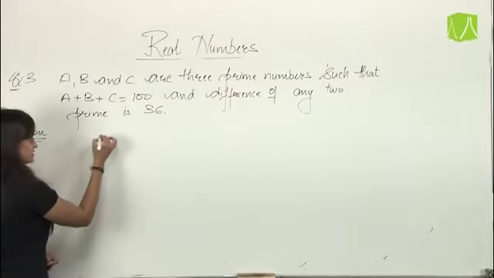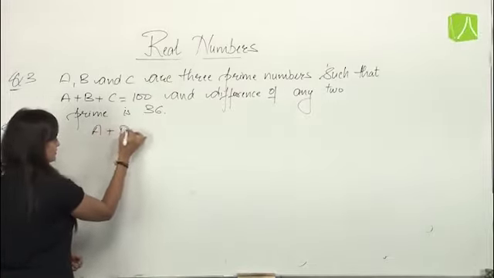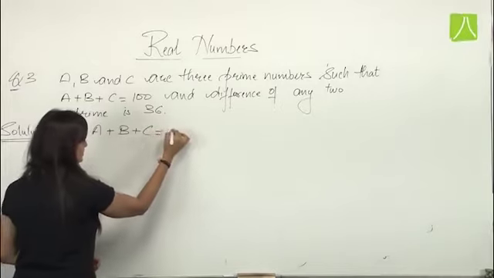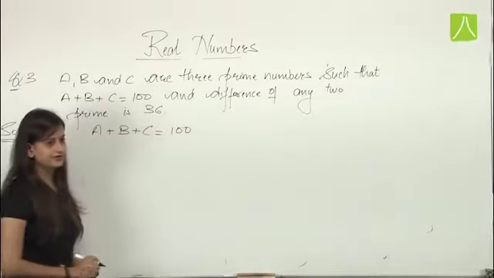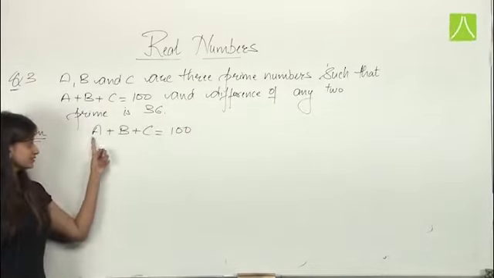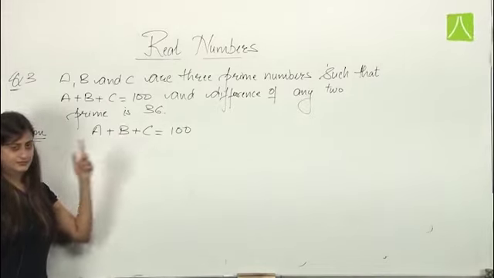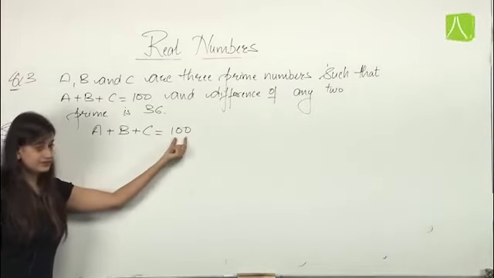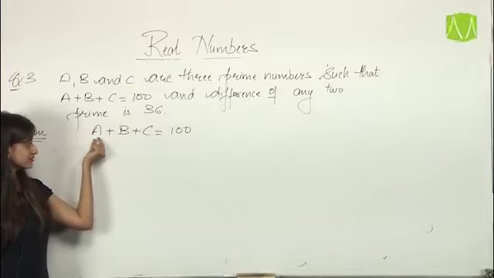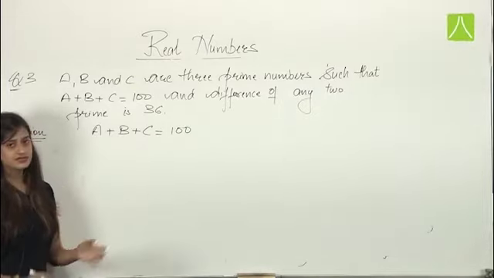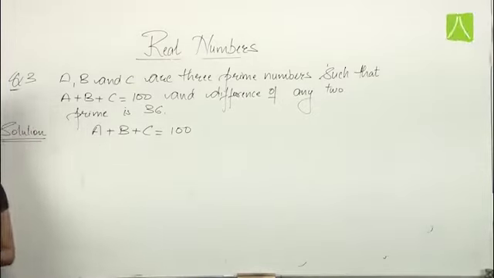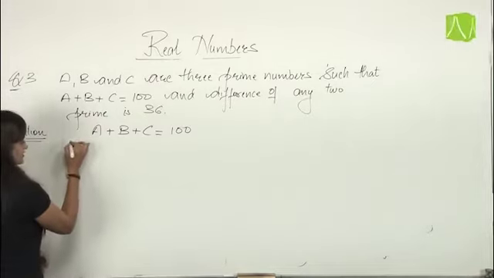The first condition given is A plus B plus C is equal to 100. This is a prime number, this is also a prime number, this is also a prime number, and the sum is even. Since the sum of the three numbers is an even number, one must be an even number.